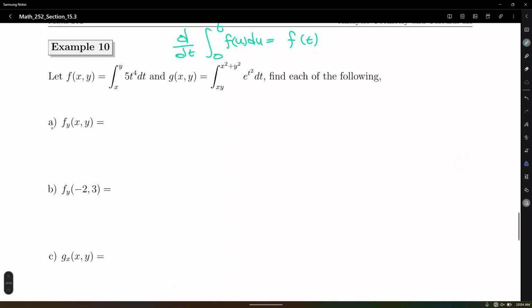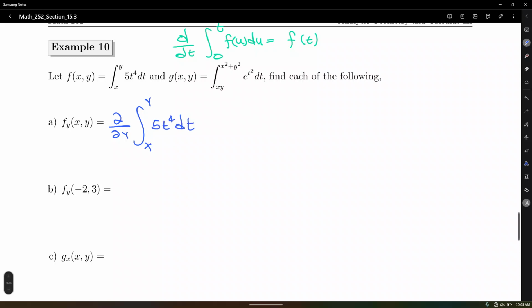So the partial derivative of the function f with respect to y. Here is how we're going to take the derivative: with respect to y of the integral from x to y of 5t to the 4th dt.